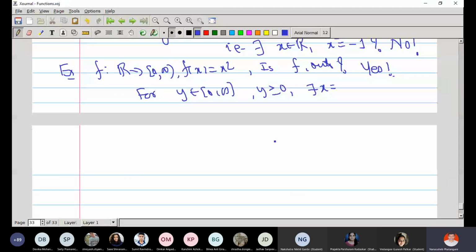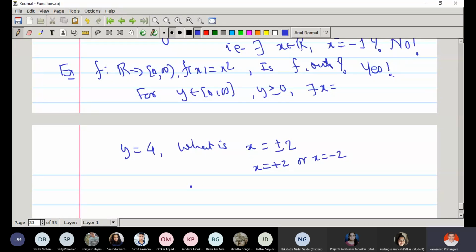For example, if y is equal to 4, then what is x? x has two possibilities, plus or minus 2. Certainly there exists x. You choose one of them, that is x is plus 2 or x is minus 2.